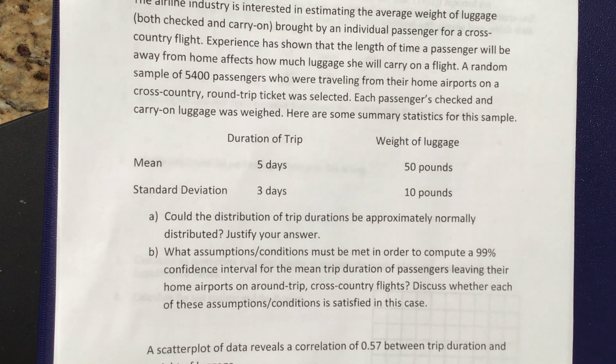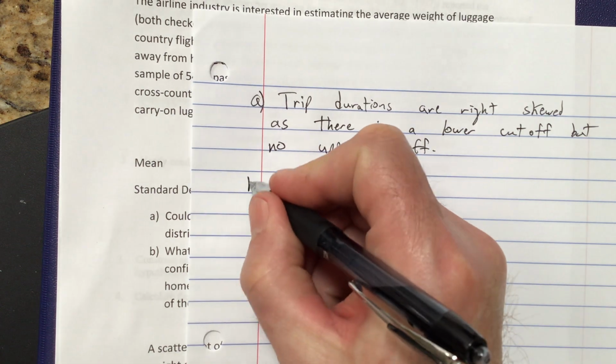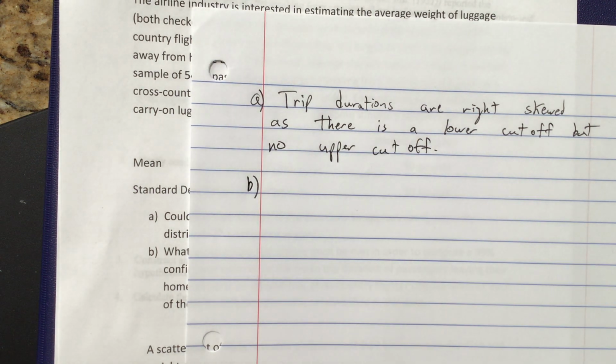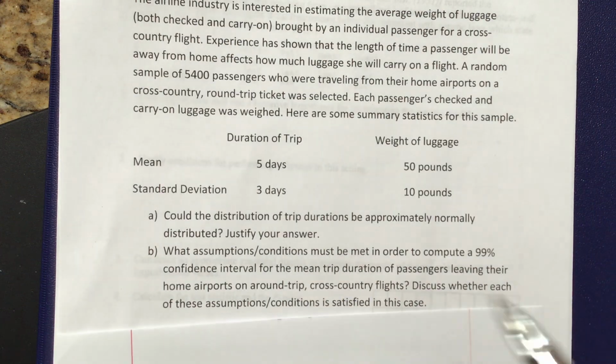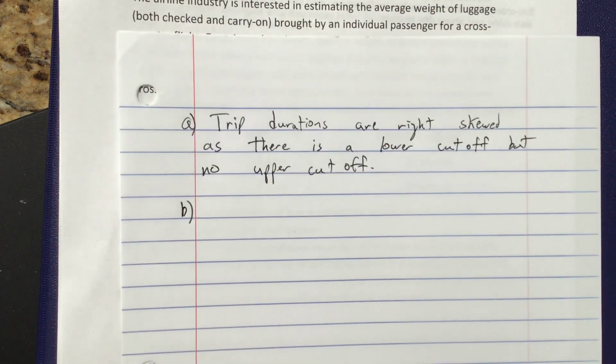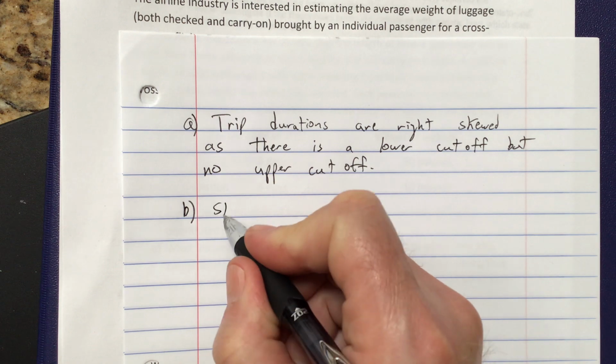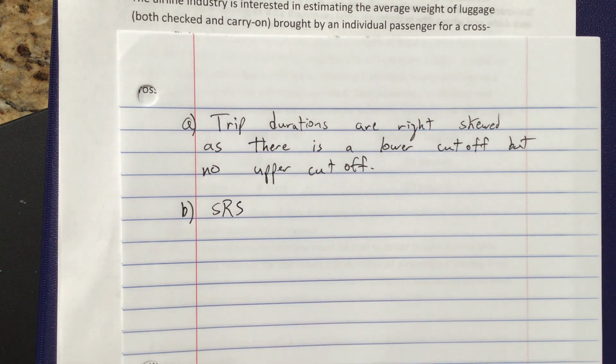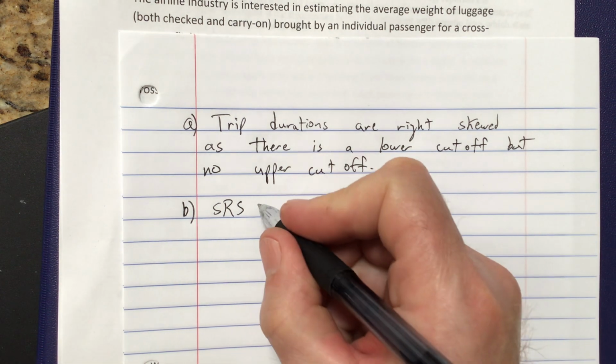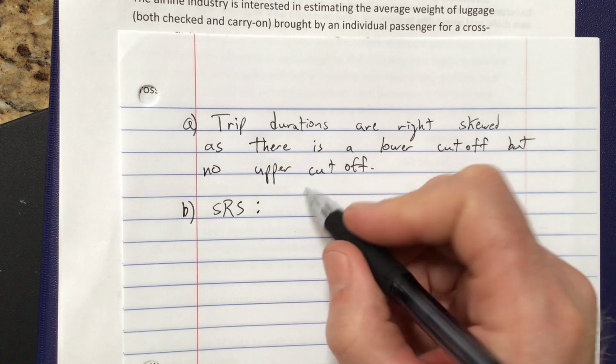Question B. What assumptions and conditions must be met in order to compute a 99% confidence interval for the mean trip duration? All right, so our conditions for a confidence interval on means. Okay, we need simple random samples. Well, I guess we may as well address it. Do we have a simple random sample? We're unsure here.